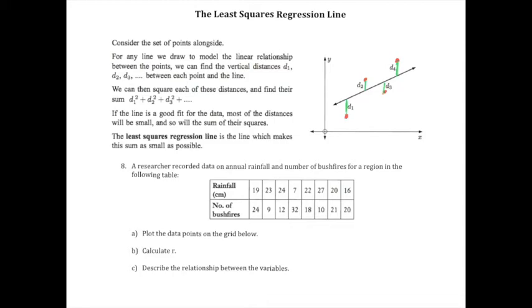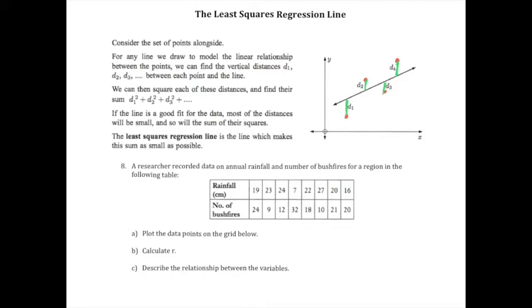If the line is a good fit for the data, most of those distances will be small, and so will the sum of their squares. So the smaller these green lines are, the better the line we've drawn follows the data. The further away the line is from the data, that's bad.